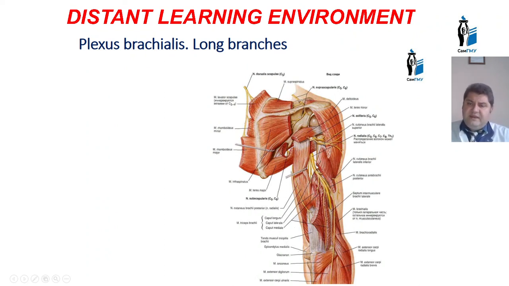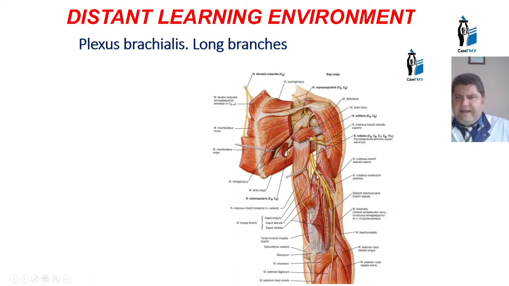And next, you may see that this nerve passes inside the humeromuscular channel between the humerus bone, its spiral groove, and the lateral caput of the triceps muscle.